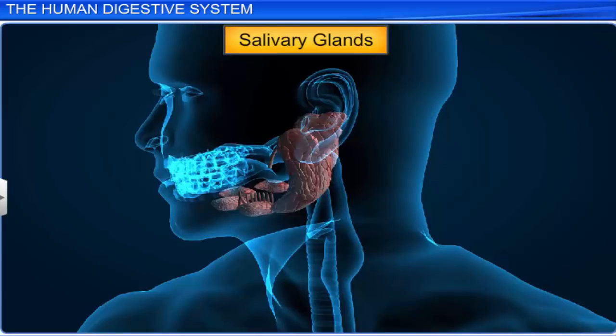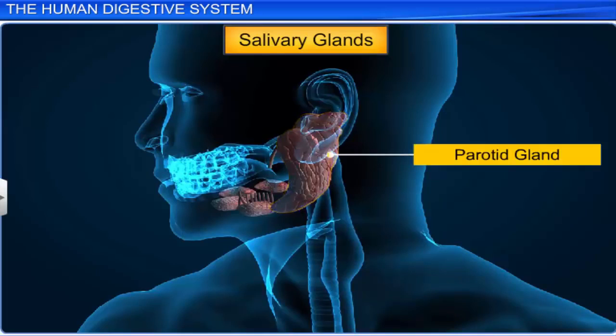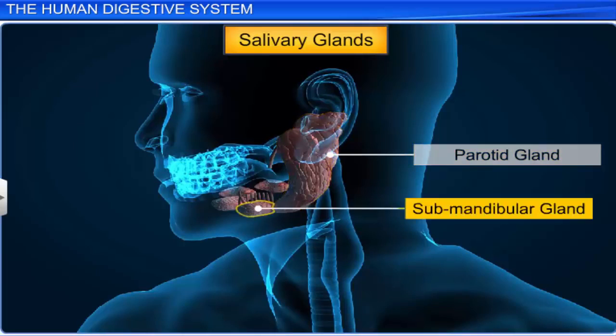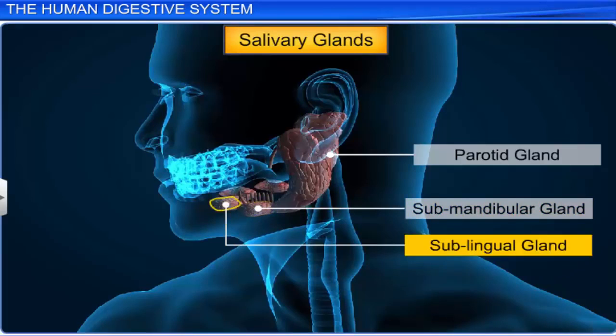There are 3 pairs of salivary glands: the parotid gland, located in the cheek, the submaxillary or submandibular gland, found in the lower jaw, and the sublingual gland, located below the tongue.